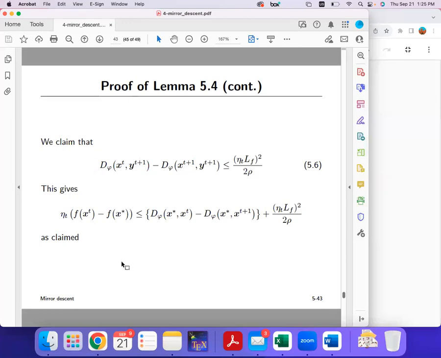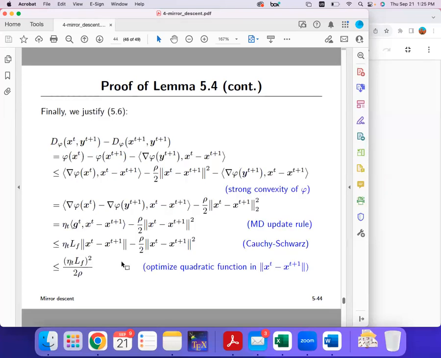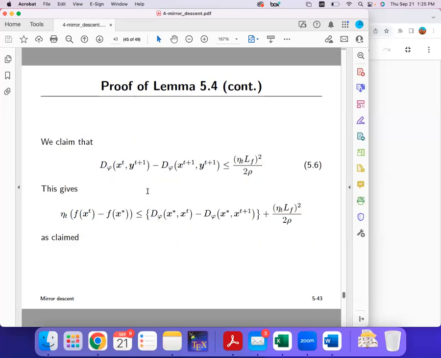So we just need to justify this line, controlling this difference term in terms of a small constant.